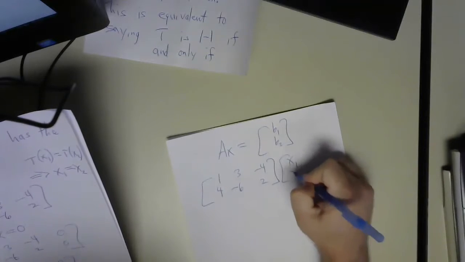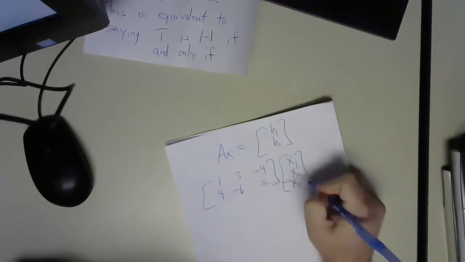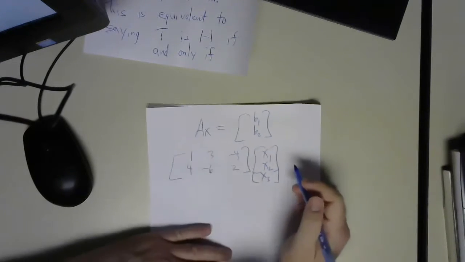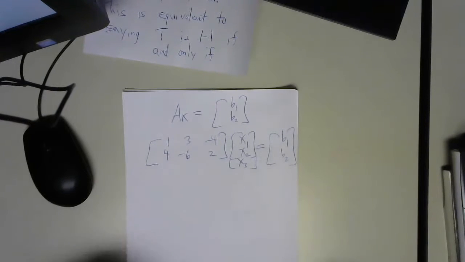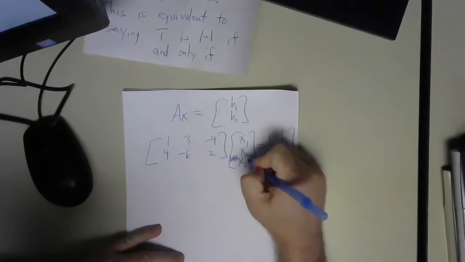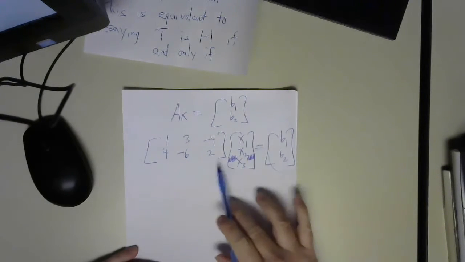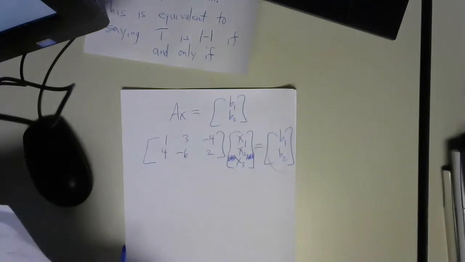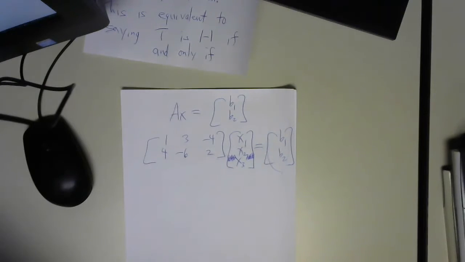And here's our x, as always. It's a vector in R3, so I better have three variables there. So again, the big question is, given the b's, can we find the x's that will make this true? If the answer is yes for arbitrary b's, then this is onto.